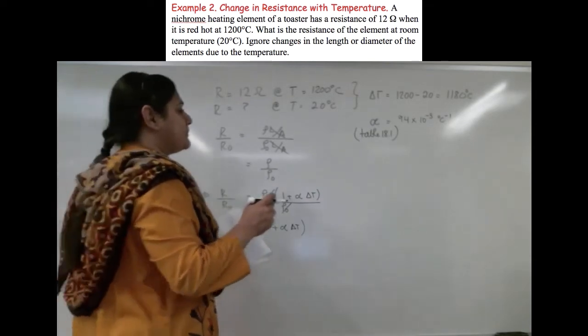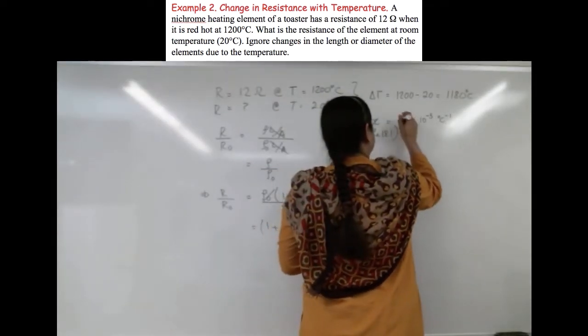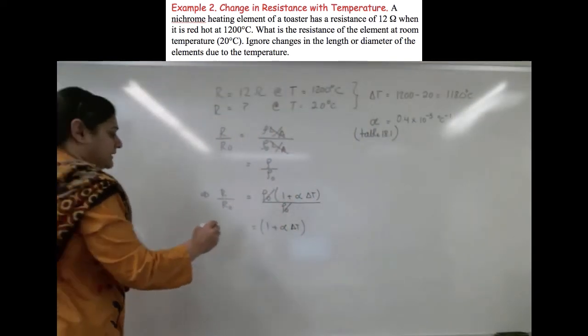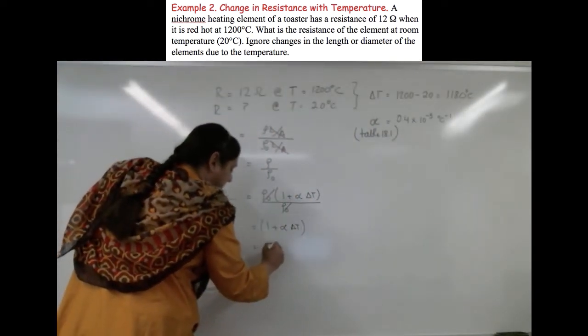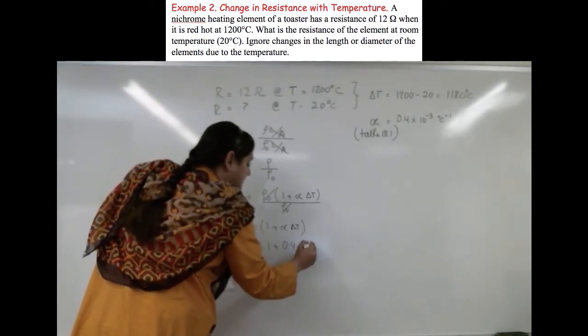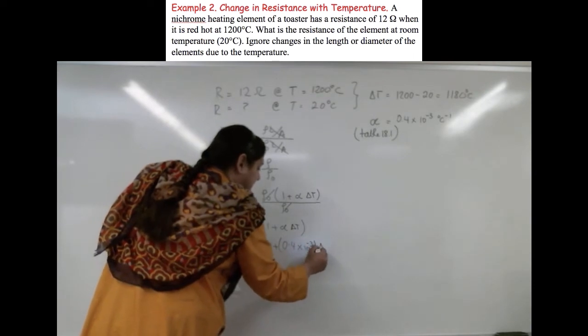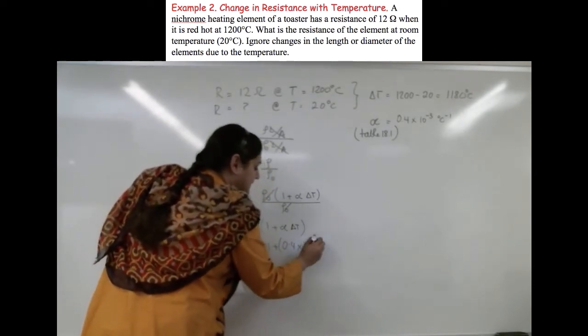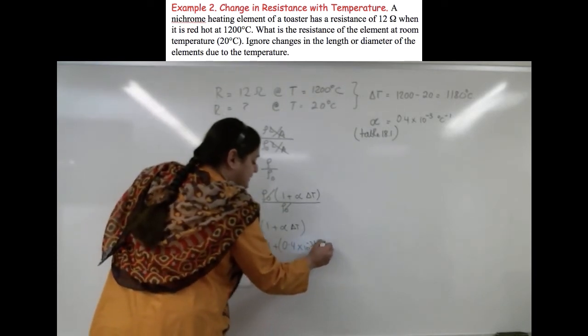Once I have that, I can plug this in here: 0.4 times 10 to the minus 3 times delta T. Oops, I can plug in the value for delta T. Delta T is 1180.